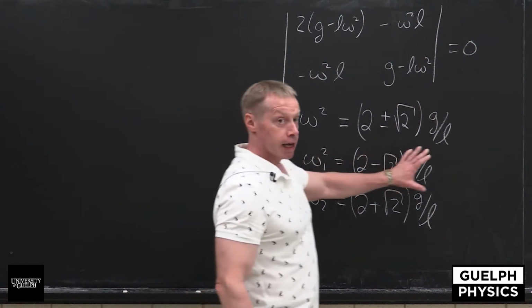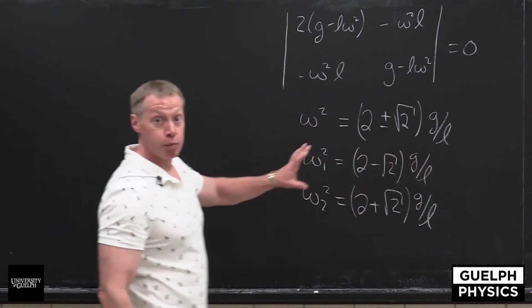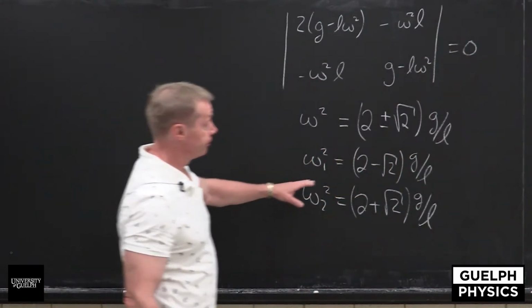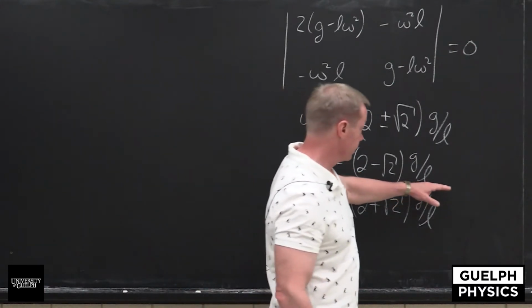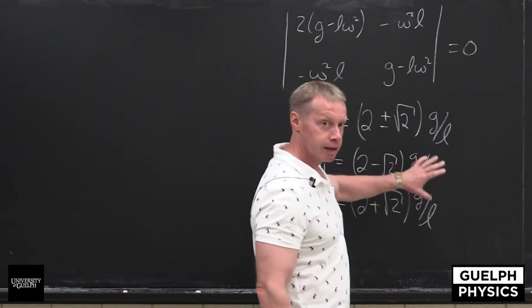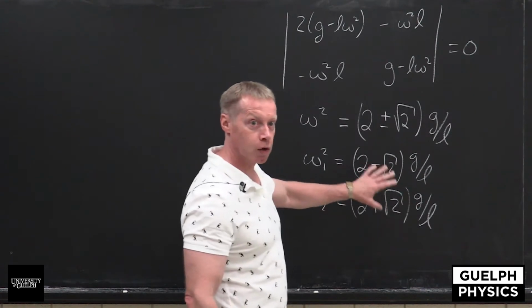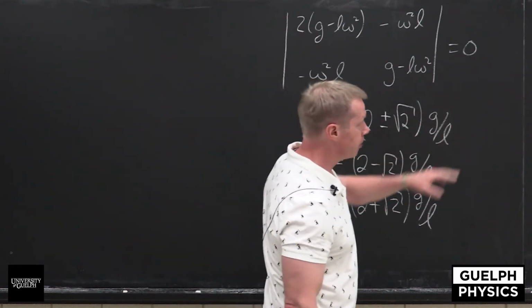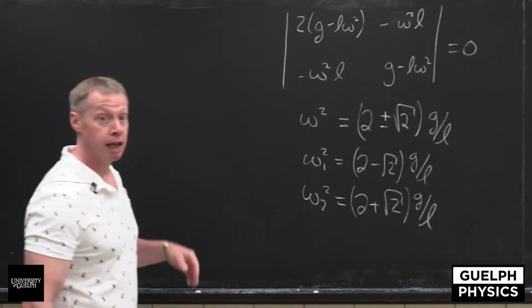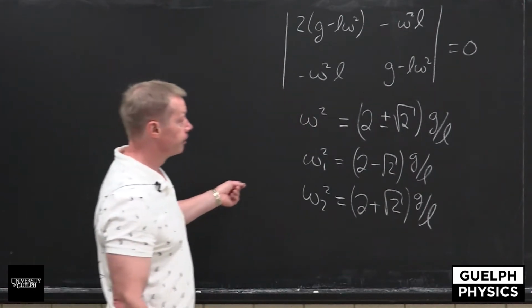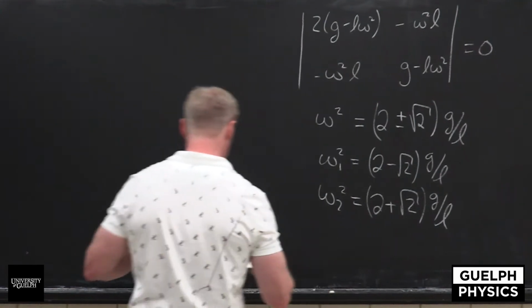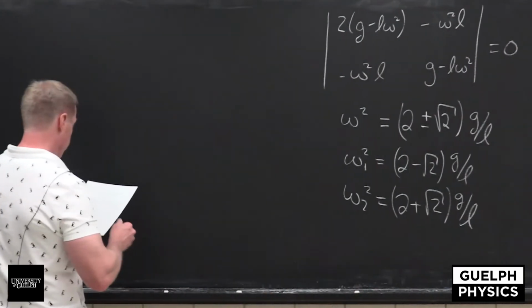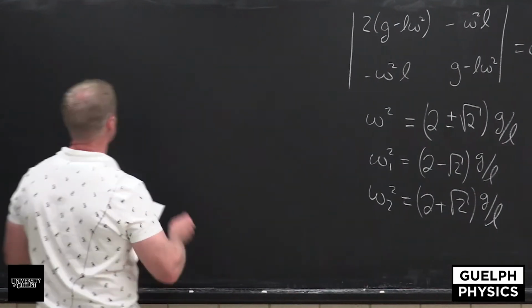Just like we did in working out the principal axis tensor, we could find the eigenvectors that go along with these eigenvalues. That would imply subbing back into the original equations and finding the solution space for A1 and A2. I'm just going to write that down.